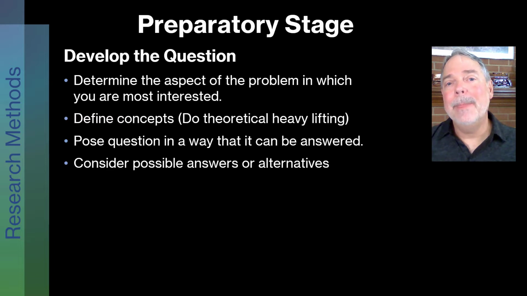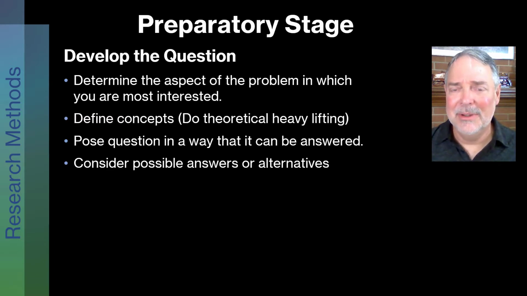But as part of that, there's a little bleed over. There's not a clear-cut distinction between doing that and the preparatory stage, where I say, look, first thing you've got to do is develop the question, right?